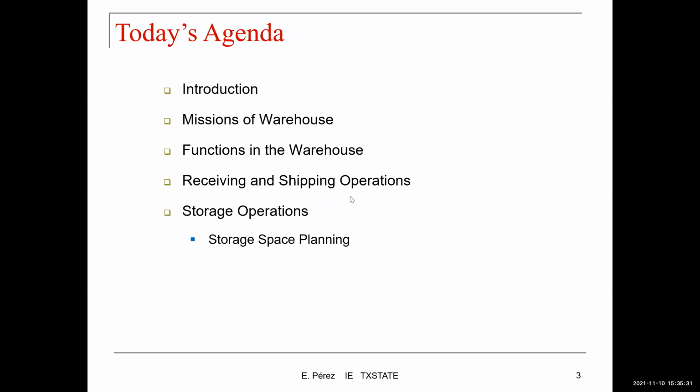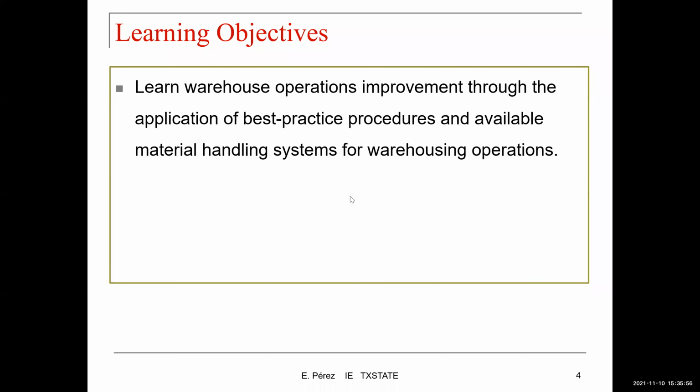The agenda for today: an introduction to this area of facilities planning, and then we're going to discuss the missions of the warehouse, the functions in the warehouse, the receiving and shipping operations, and the storage operations in terms of planning the storage space. The learning objective is to learn warehouse operations improvement through the application of best practice procedures and available material handling systems for warehousing operations.